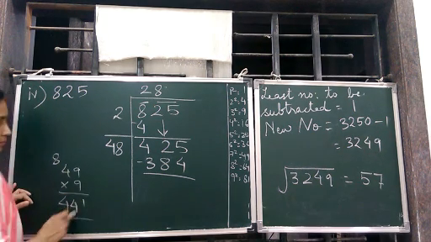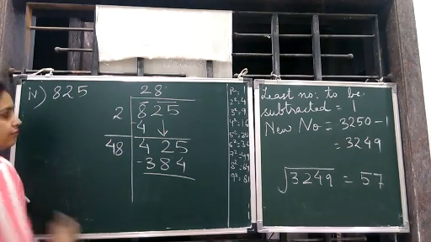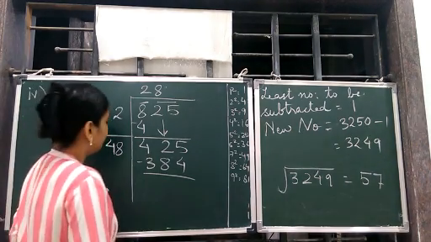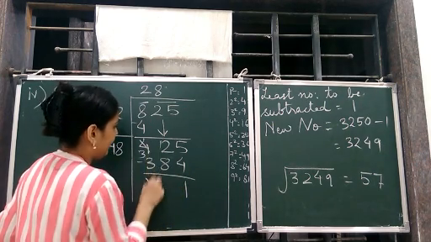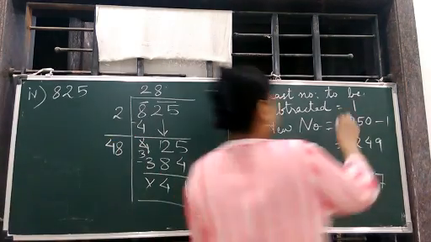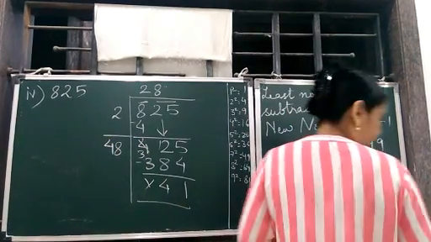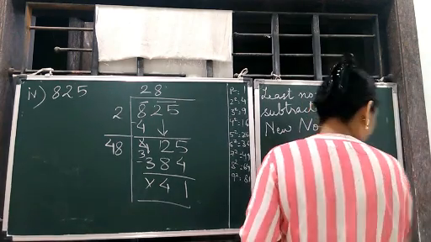No, this will go bigger. Correct? So we cannot take 9. So 8, we were correct. This will be 1 and this will be 4, 41. So the smallest number to be subtracted will be 41. Then we subtract and get a new number.